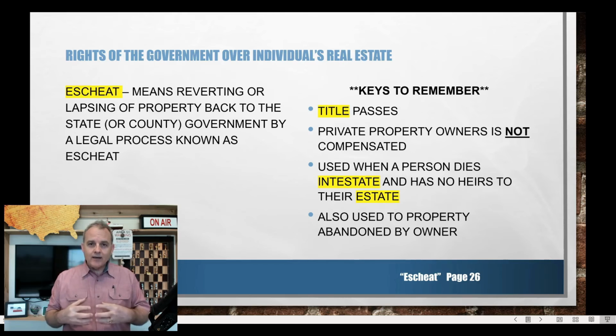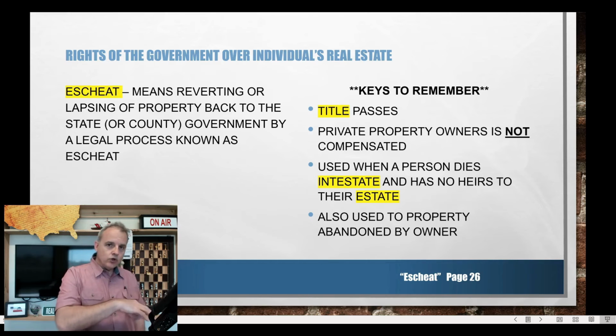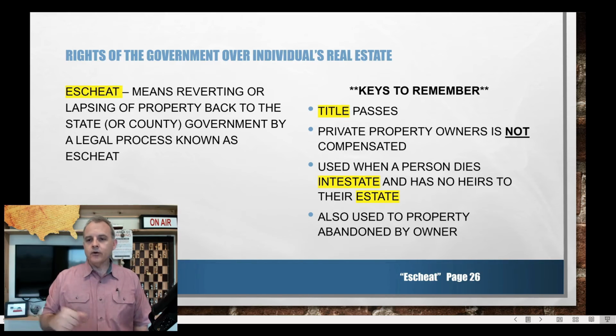So when I die and I have no heirs and there's no will, that means that the government's cheating me out of the value that I've accumulated over my life. So that's a little way I used to remember this. The other thing is title passes. So ownership passes from my estate to the state of Nebraska or the county or whoever the proper governmental entity is.